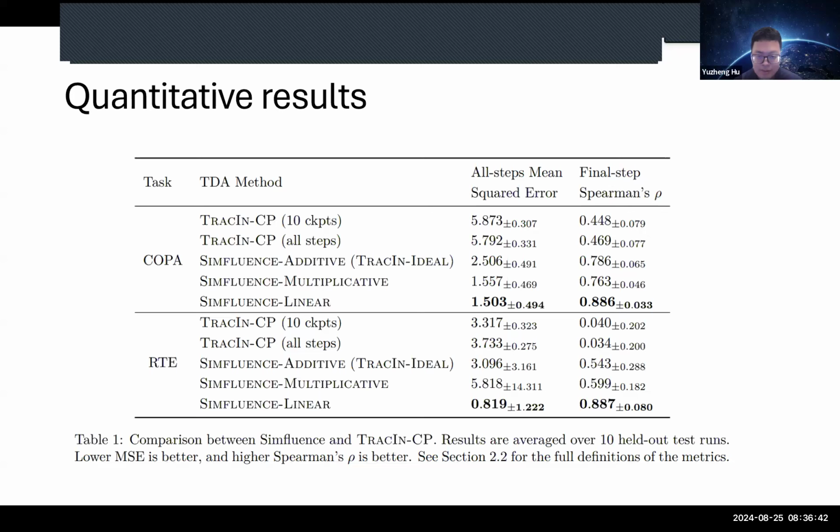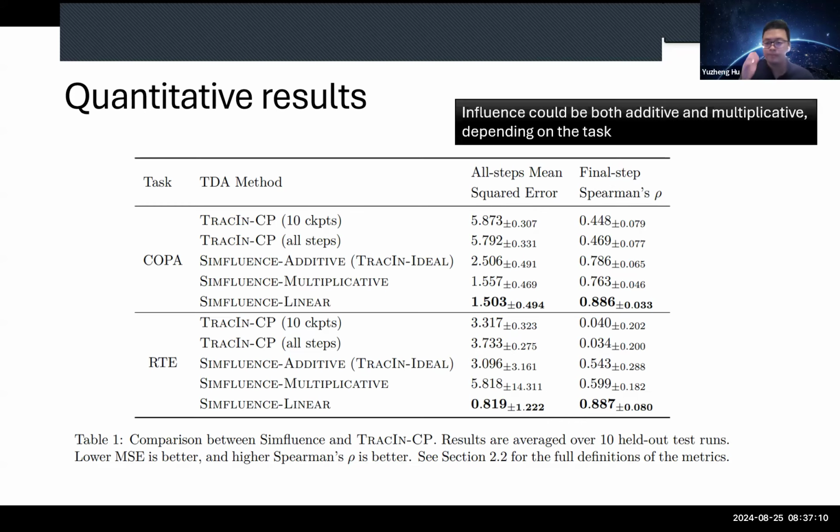This is a very interesting observation, meaning that in some situations or for some tasks, modeling the additive influence turns out to be more important. But on the other hand, there are also circumstances when modeling the multiplicative influence is more important. Taken together, it is very crucial for the model to simultaneously model both the additive and multiplicative influence.